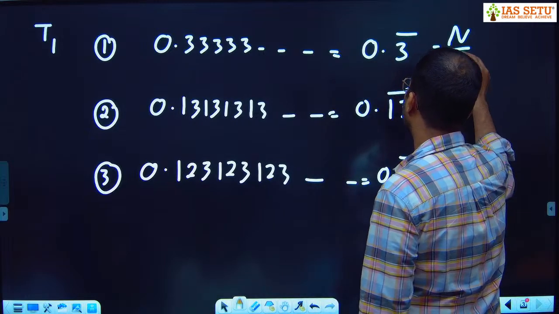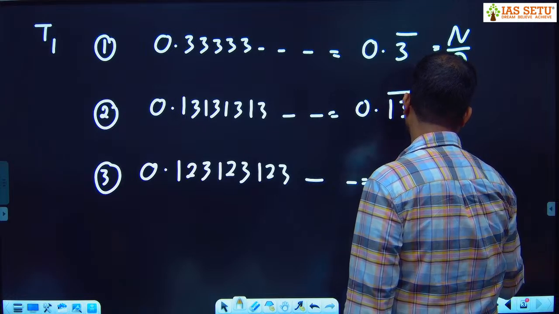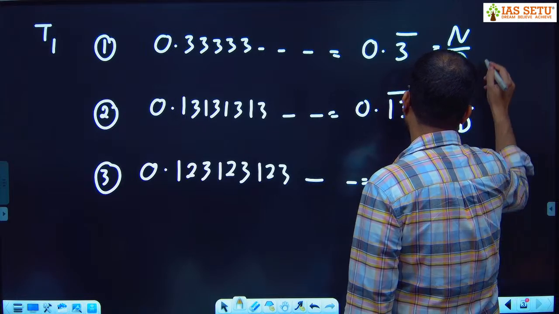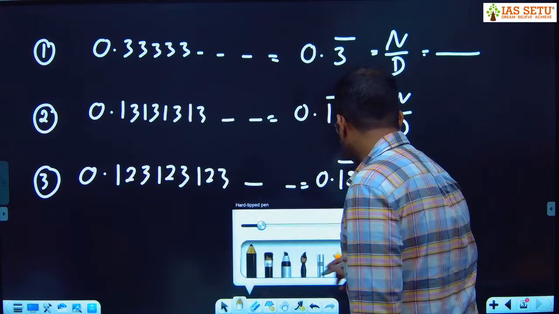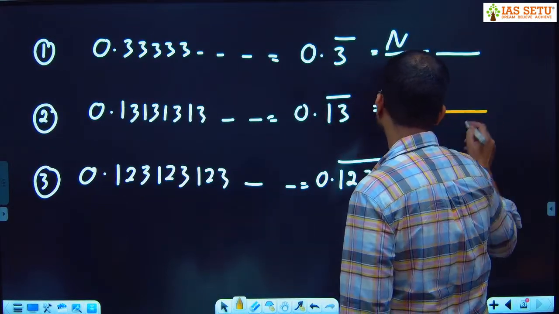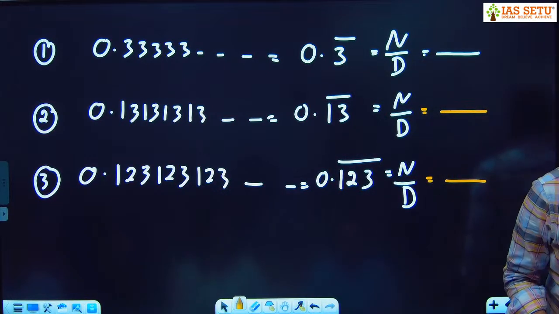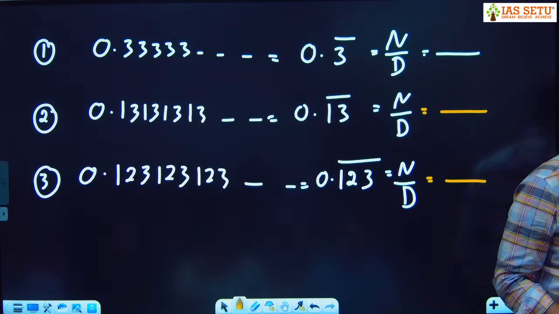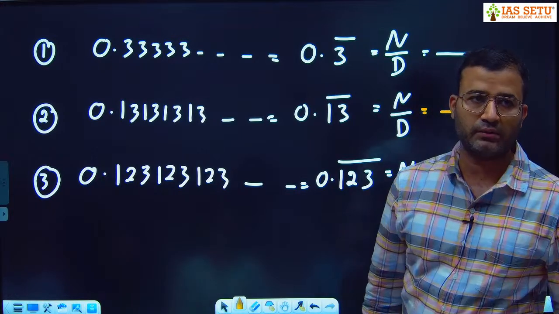Now numerator upon denominator. First I tell you the denominator. Our rule for the denominator is, in our denominator we have as many 9s as there are digits under the bar.